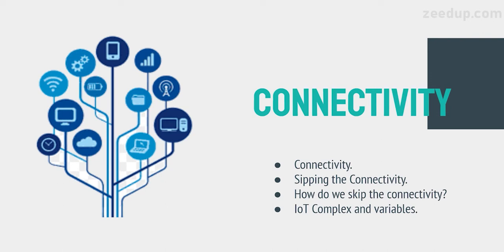Next, the connectivity. Connectivity is something much more important. So the data is sent to the cloud, but it needs a way to get there. The sensor devices can be connected to the cloud through a variety of methods, including cellular, satellite, Wi-Fi, Bluetooth, or else, as I told you, low power wide area networks, or LPWAN.